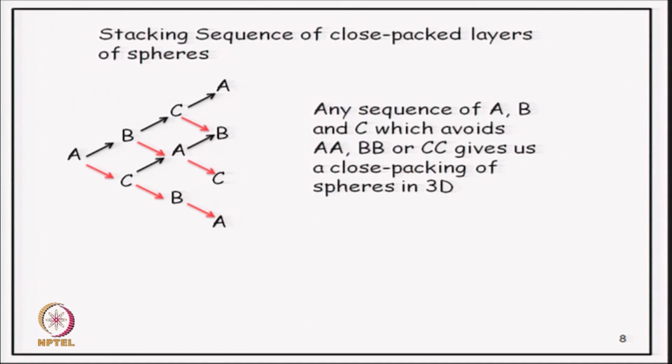So, if we write any sequence of the letters A, B and C, that will give us a sequence of close packed spheres with the same packing efficiency of 0.74.